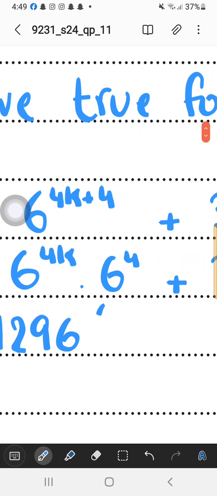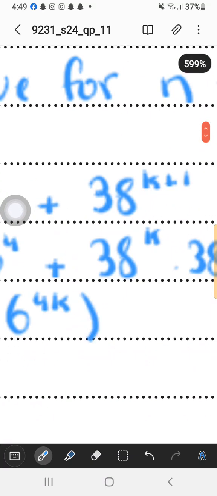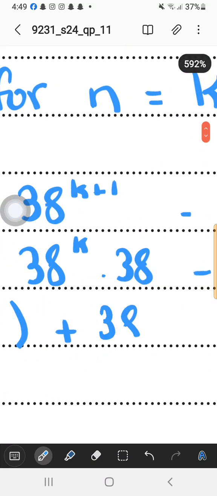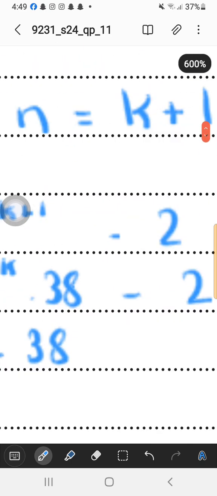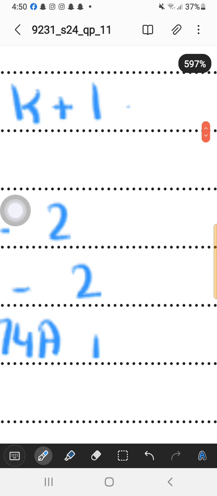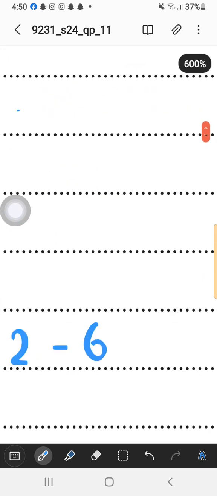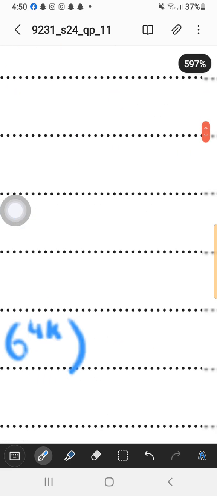So 1296 bracket open 6^(4k) bracket close, plus 38 bracket open 74a plus 2 minus 6^(4k) bracket close, and then negative 2.